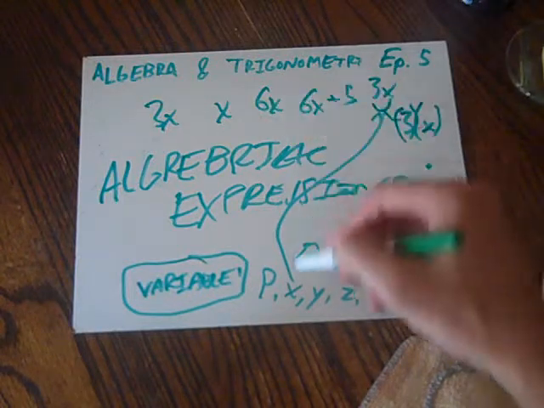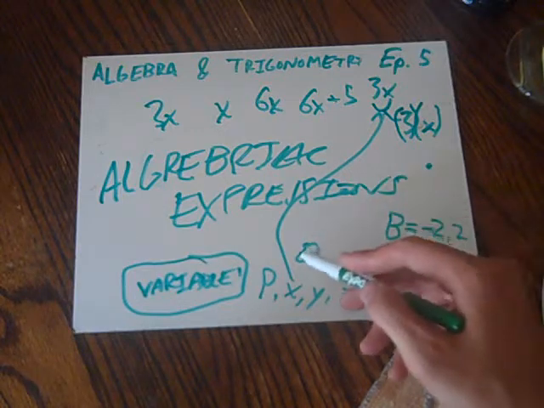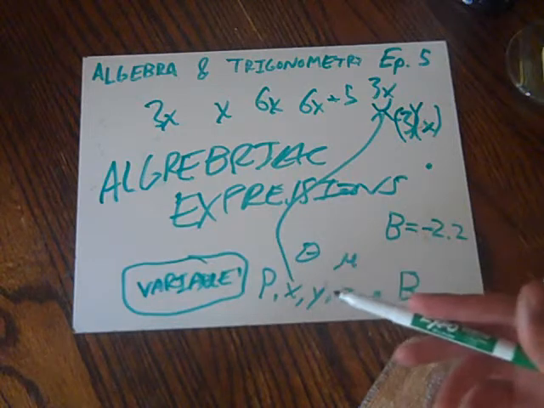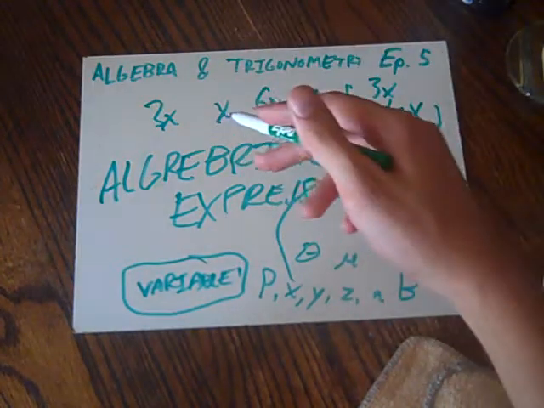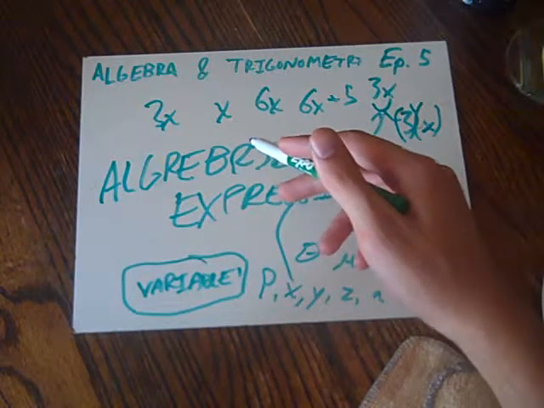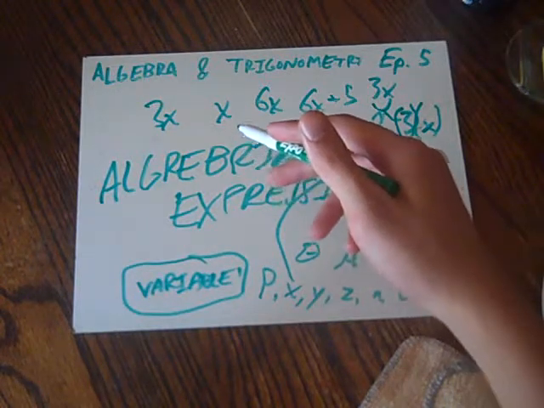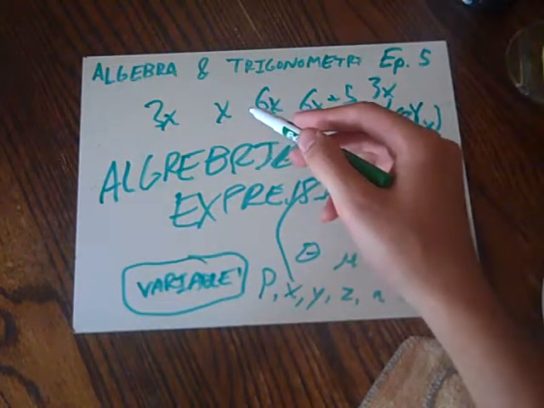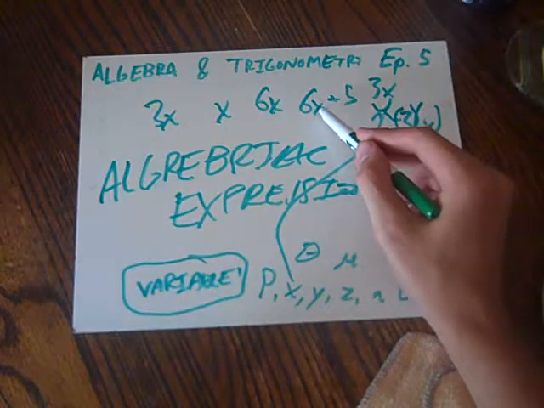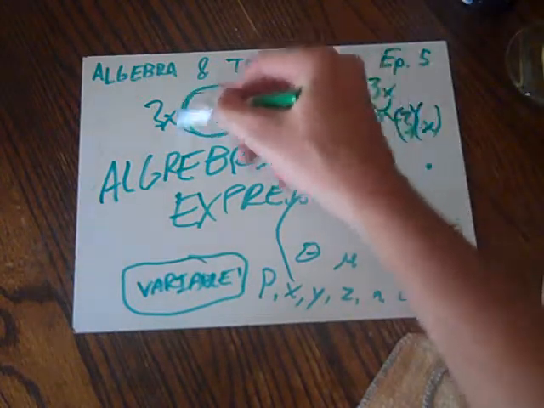Basically, anything with an x or a y or a z or any letter, like a theta or a mu, as long as it has a letter or some kind of symbol in it that represents a number but isn't a number, is an algebraic expression.